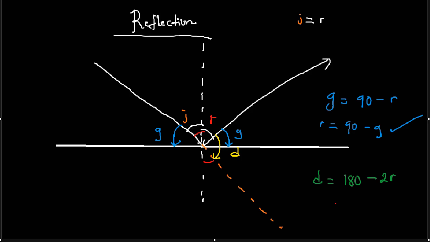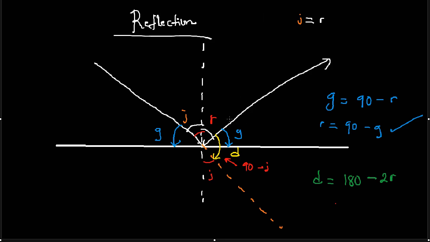Therefore if this is angle i, this part will be angle i as well. Now for this part of the angle, if this is angle i, then since from here to here is 90 degrees, this place will be 90 minus i as well.